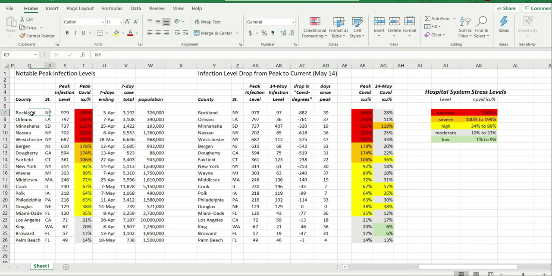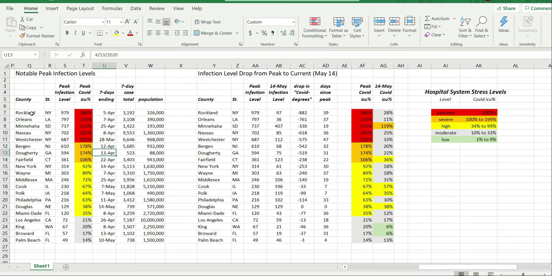But why were they at the top? Well, if you remember Westchester, New York, that was where that lawyer very early on started infecting people during his commutes. So Westchester actually peaked March 28th. Rockland's right across the Hudson from Westchester, and so they peaked 8 days later.